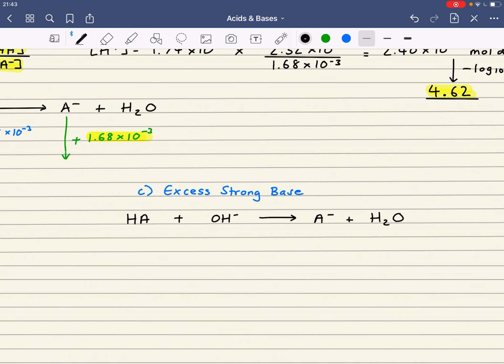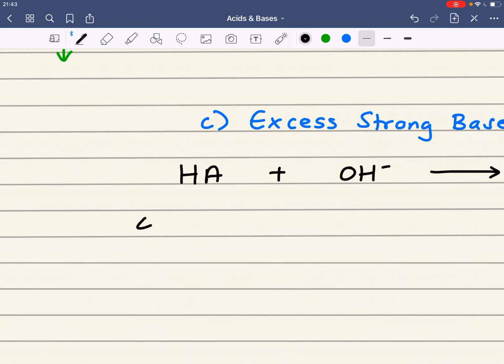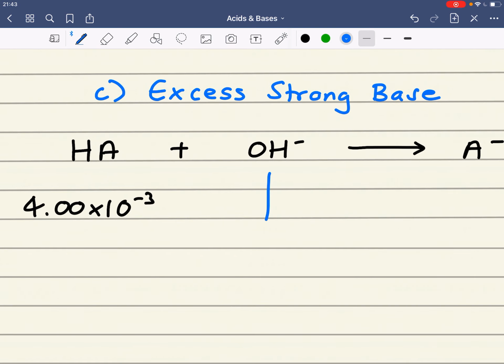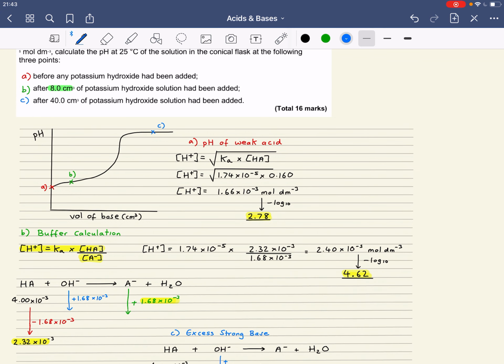We already know that we've got initially 4 times 10 to the minus 3 moles of HA. I've added now, if we work it out, 40 centimetres cubed. So I'm adding now 40 centimetres cubed of potassium hydroxide.